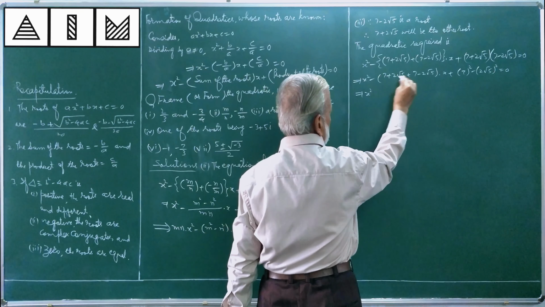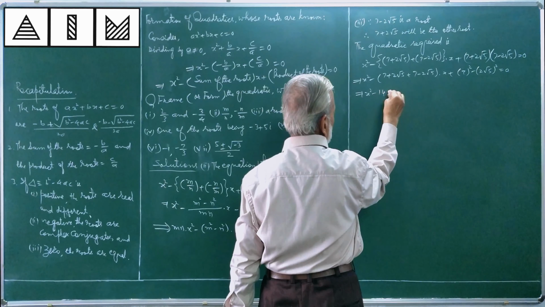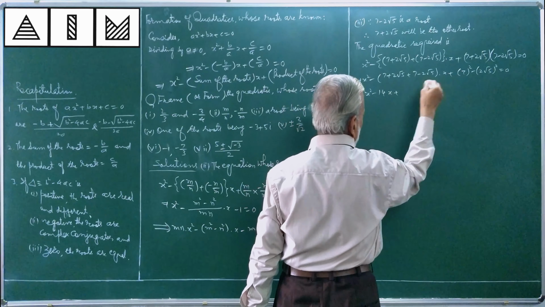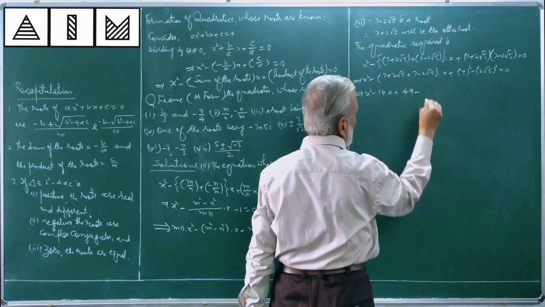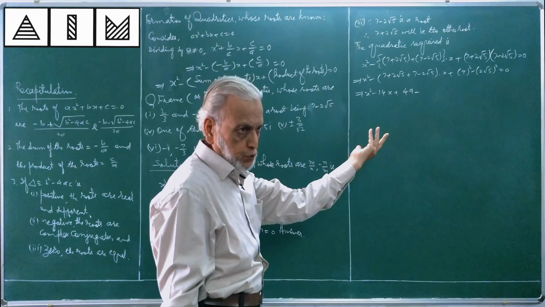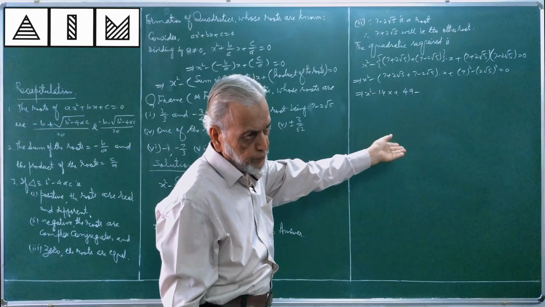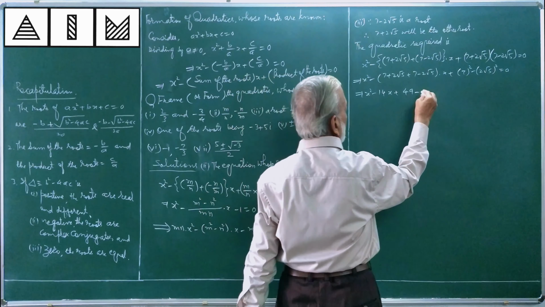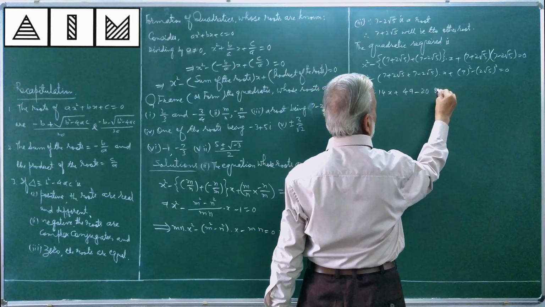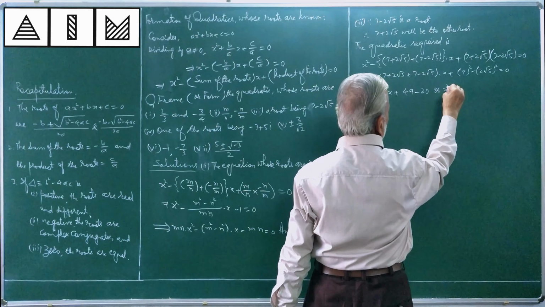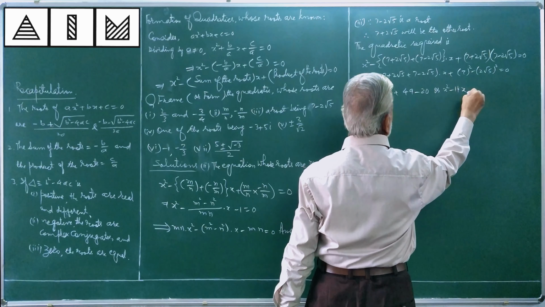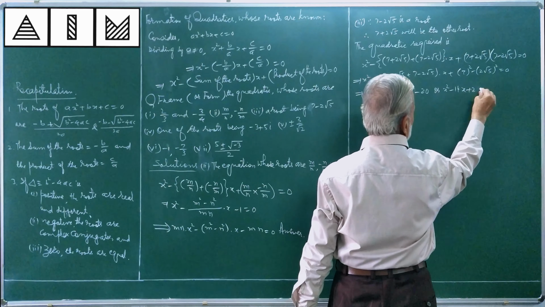X square minus 14x plus 49, and 2 root 5 whole square you know is 20: square of 2 is 4, square of root 5 is 5, 4 into 5 is 20. Or let us conclude here, x square minus 14x plus 29 is equal to 0.